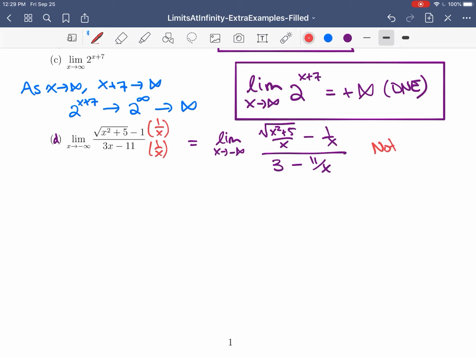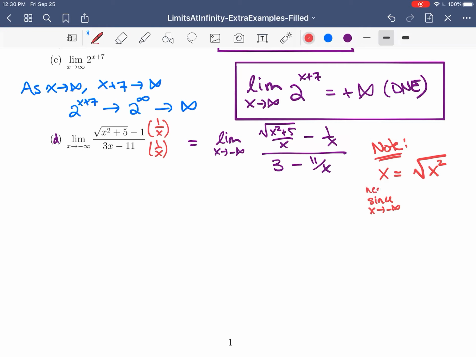Okay, so what I'm going to use is the fact that x, we hope, is the square root of x squared. Okay, now we want to be careful here because we're approaching negative infinity. That means that this number is negative. I should have written that first.